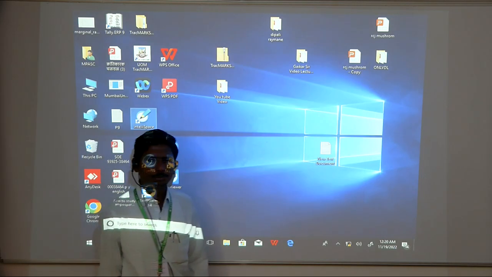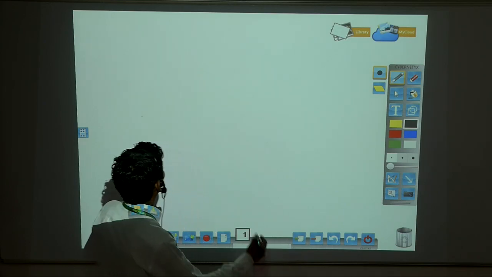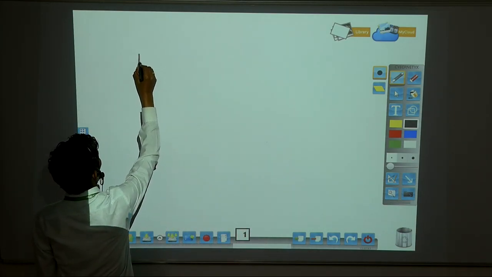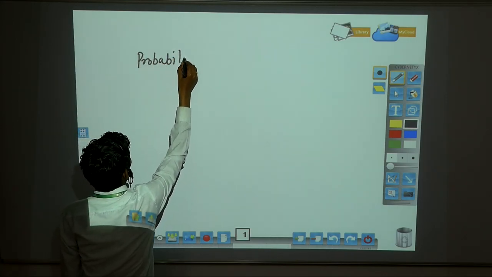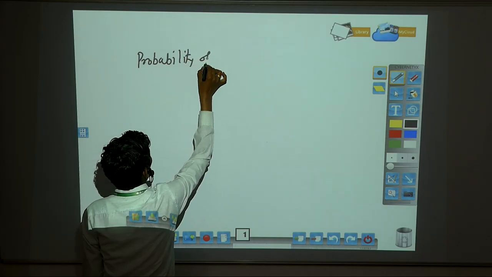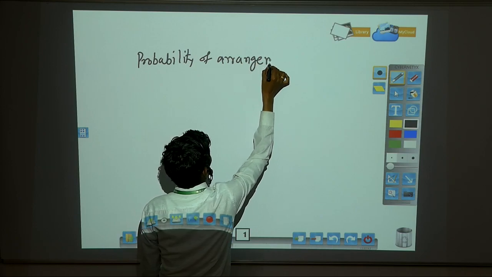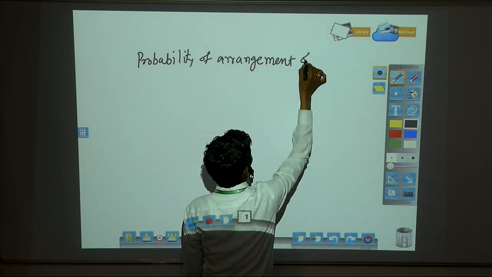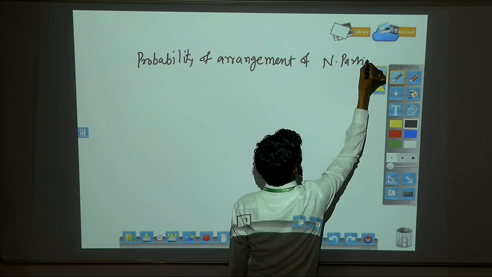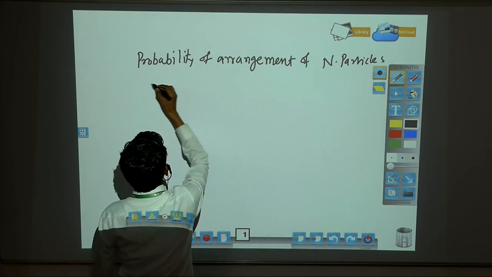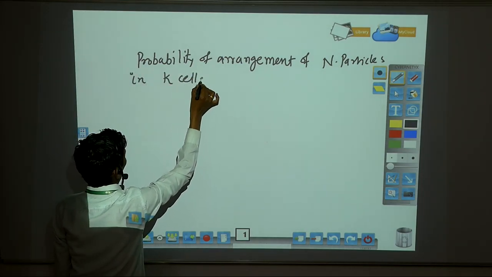In the Maxwell-Boltzmann distribution law, before that we want to study one expression, that is for the probability of arrangement of n particles in K cells.